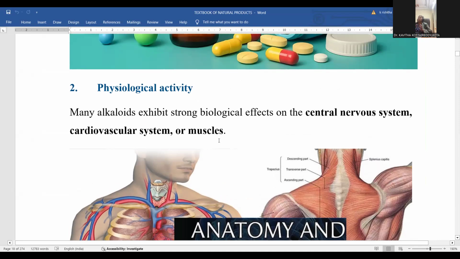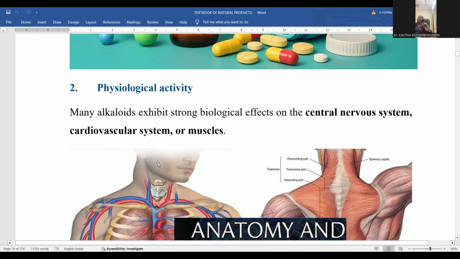Proper functioning of the CNS, the central nervous system, and the cardiovascular system, nothing but the heart and its veins. So the entire pumping system, the circulatory system, is positively impacted by these alkaloids, and even muscular movement. Muscles along with bones, muscular movement is also very essential for the healthy survival of all living organisms. All these are positively affected by these alkaloids.